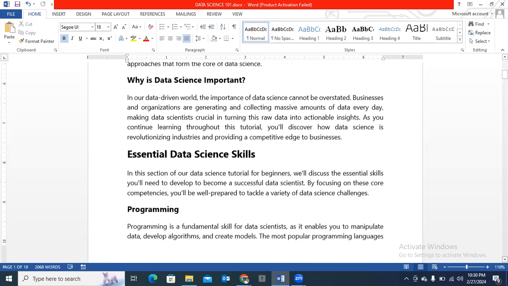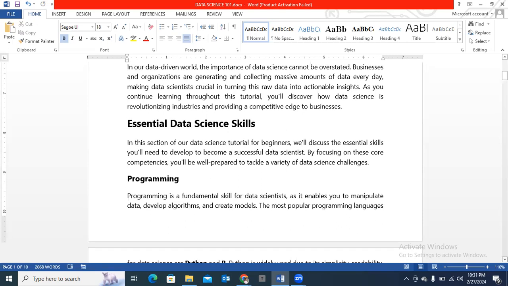Next, we'll be going to data science essential skills. What are the essential skills that you need to have as a data scientist? Number one, I didn't arrange it in the form of hierarchy or in the order of importance, but I'll just be picking up the skills one after the other. Programming.